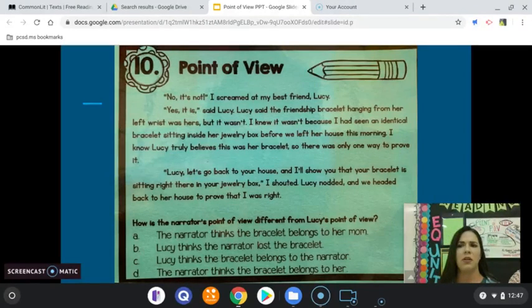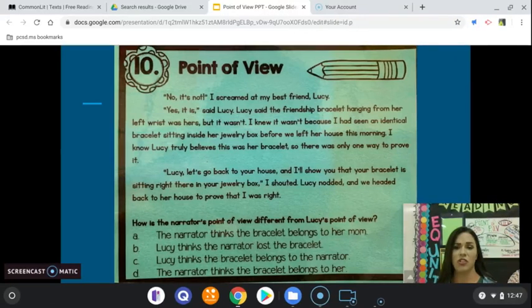How does the point of view affect how the author describes a certain event that happened? It's not going to be simply what point of view is it in, first, second, or third. Okay? You're going to have to really know how to determine if it's first, second, or third, but you're going to have to analyze and dig a little deeper. So let's look at this question.